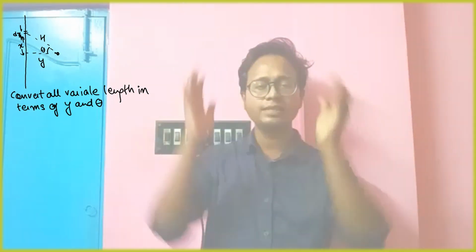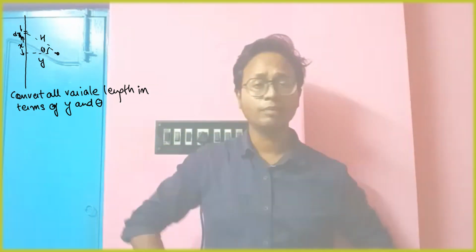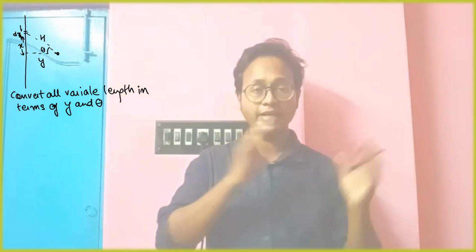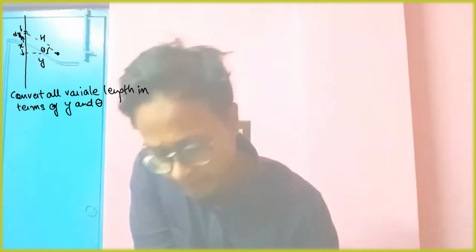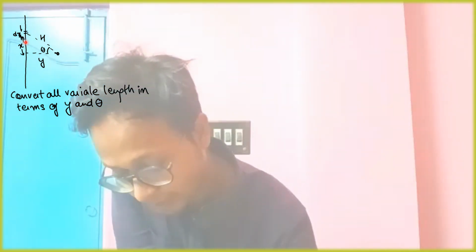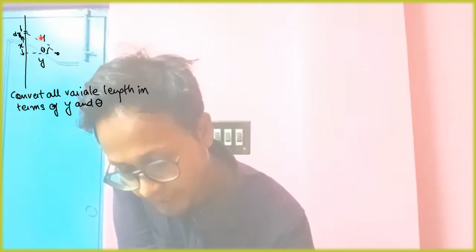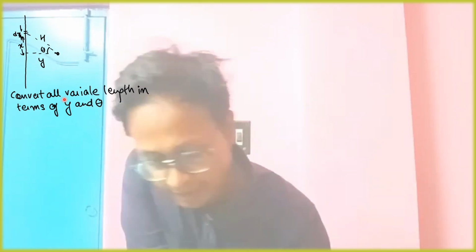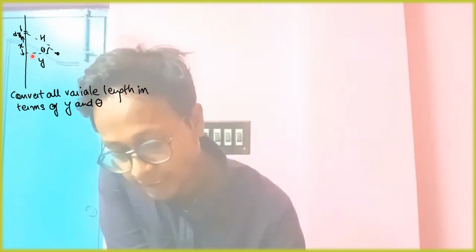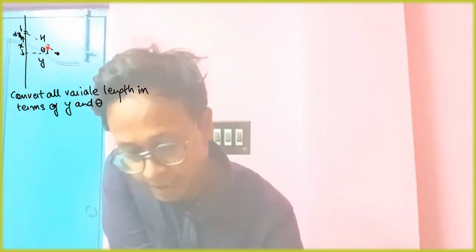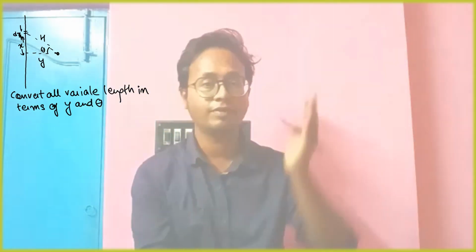If I just tilt this diagram, the vertical and horizontal won't be the same, no? The main definition you need to remember is to convert all the variable lengths. x is variable, dx is variable, and h is variable. As I go up, h varies, x varies, and dx varies. So convert all the variable lengths in terms of y, which remains constant, and theta, which is variable.